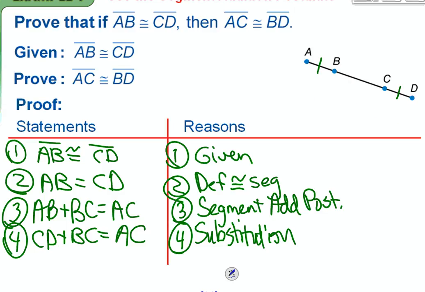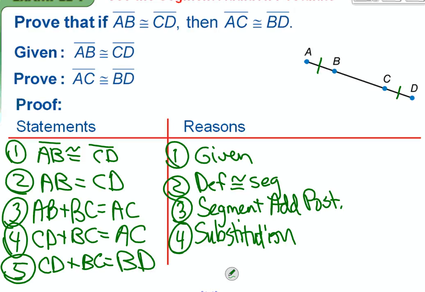I'm going to write it in that way, and I'm just going to write that one. It gets a little hard for me to see everything. So statement 5 is, and I'm going to write it like this one, just so that it's easier for me to manage as I go through. I'm going to say CD plus BC is equal to BD.